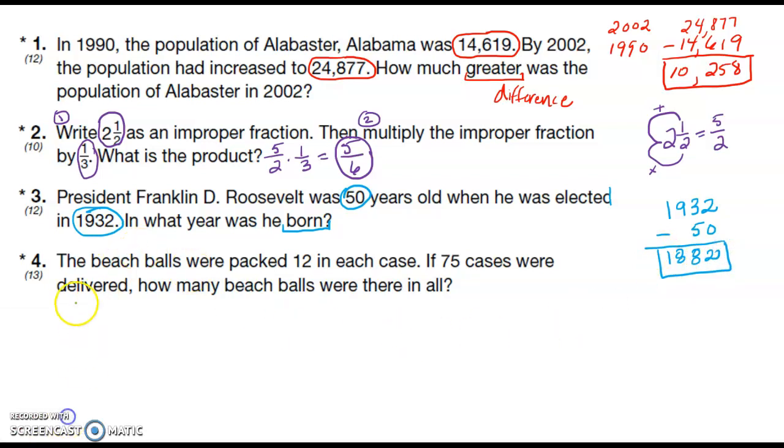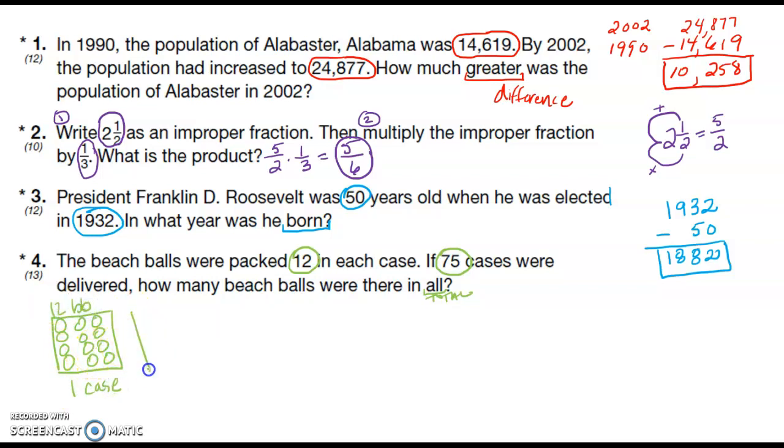Okay. Number 4. The beach balls were packed 12 in each case. If 75 cases were delivered, how many beach balls were there in all, or total? Okay, so let's draw this out a little bit. So this is one case. It has 12 beach balls.